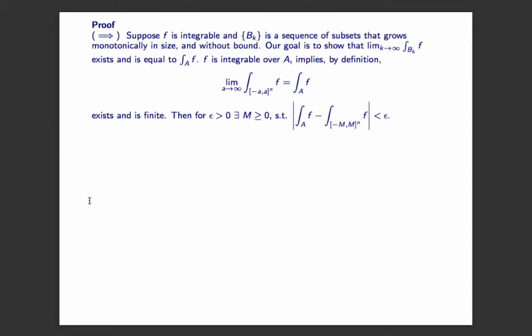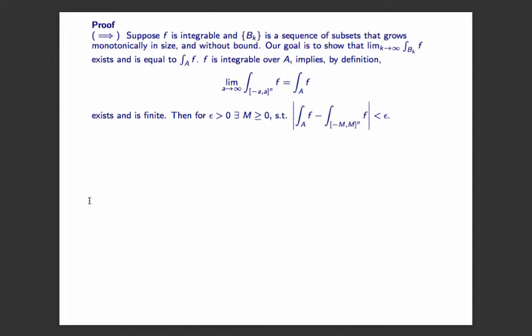Well, since we're dealing with the limit, we'll have to break out our epsilon. For any epsilon, there exists an m greater than or equal to 0, such that the integral of f over R^n minus the integral of f over the cube negative m to m to the nth power is less than epsilon.